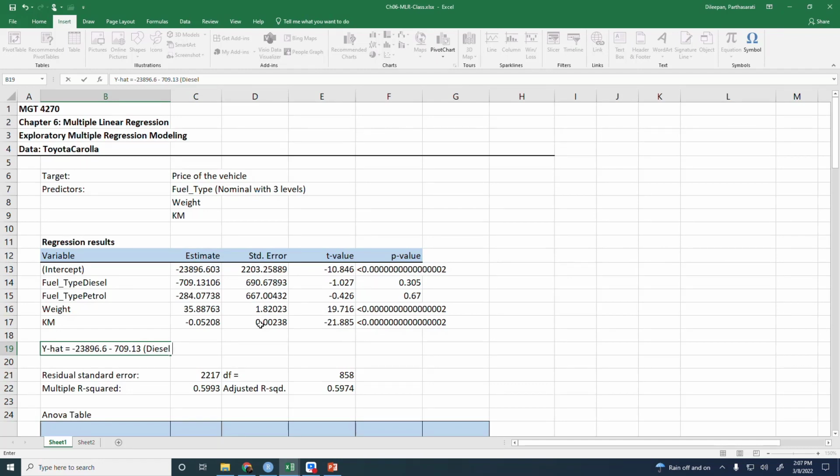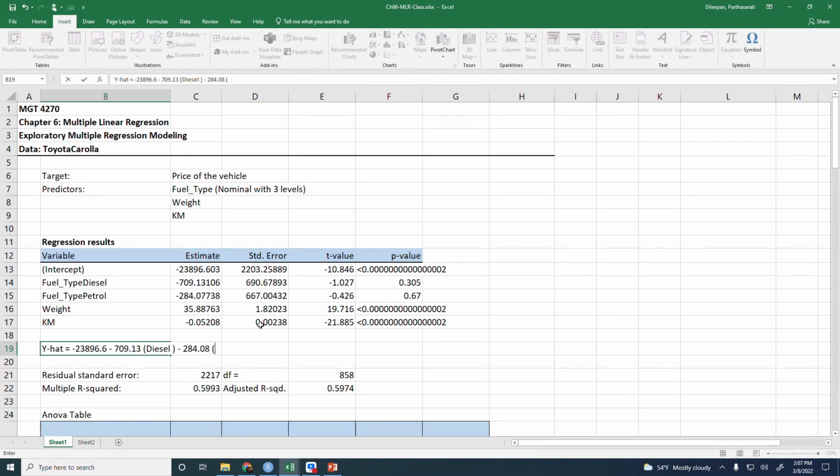Okay. Now, how are we going to interpret all that? How is CNG going to play a role in the equation? So we'll discuss all that in just a few minutes. Okay. So diesel and then minus 284.08, approximately.